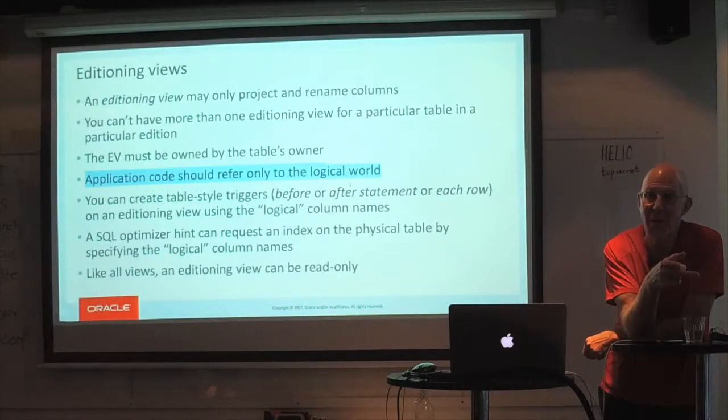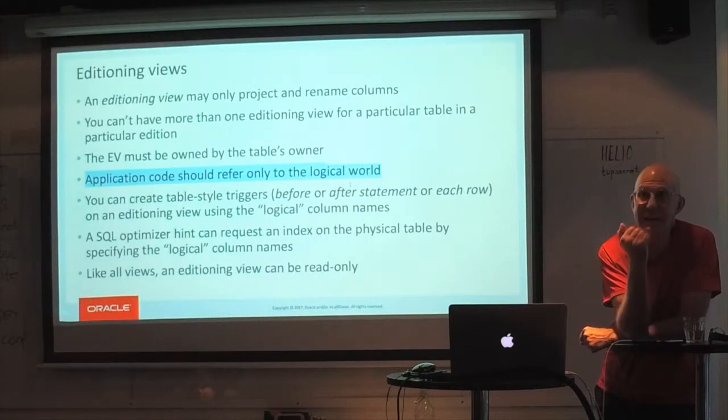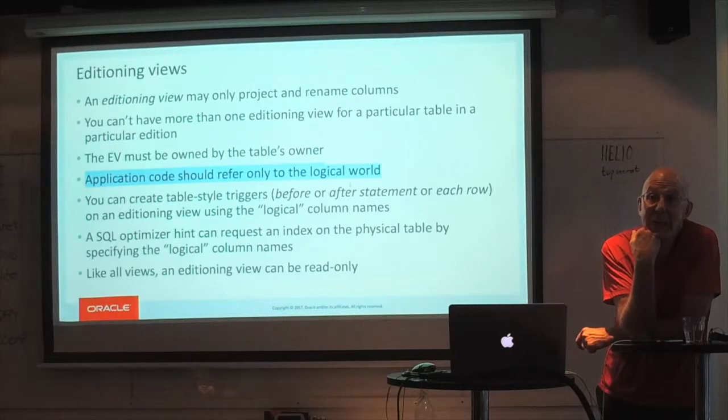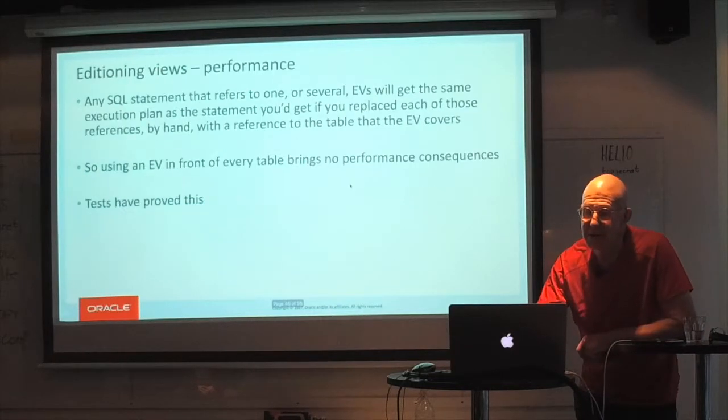Why do you need another name? It's almost convention. And in your optimizer hints, use that second style of naming, and then, in the wonderful world of EBR, spell that not as the name of the table and the columns there, but as the name of the editioning view and the columns as they appear in it. Right, I'll leave the last point, it's unimportant.